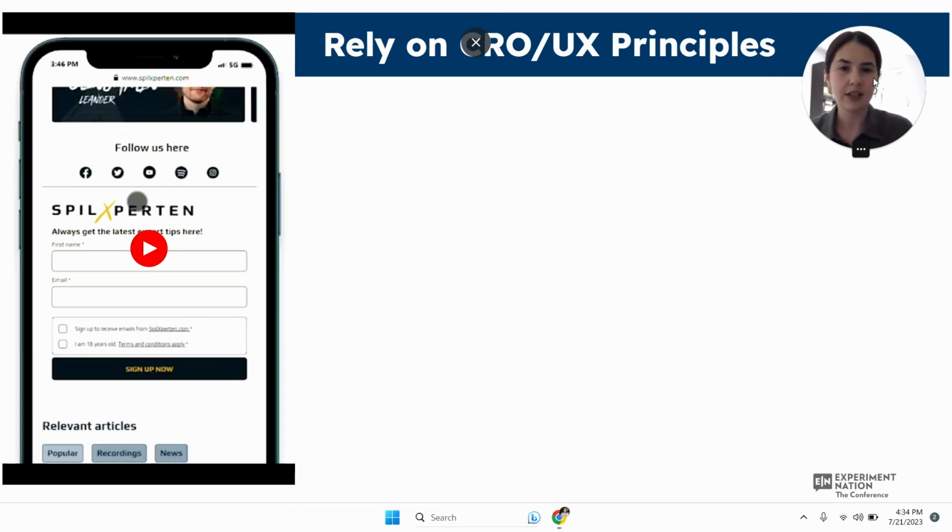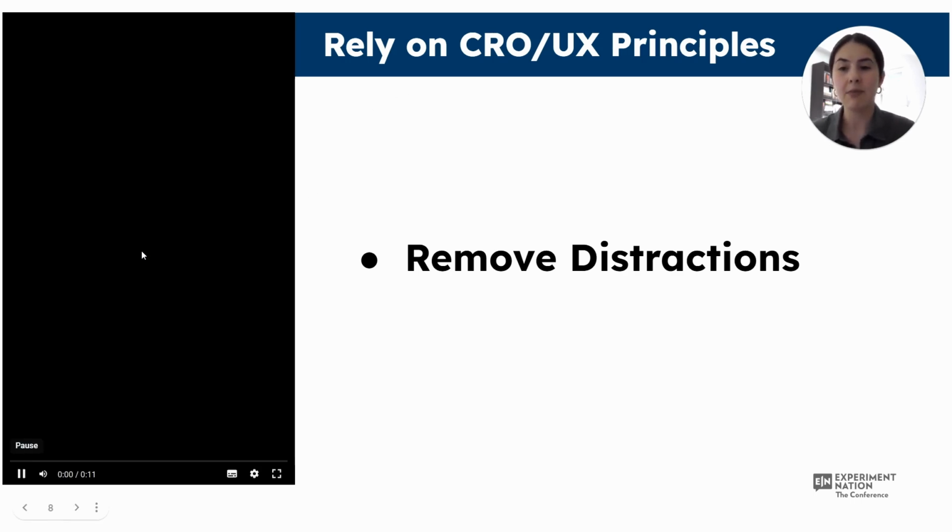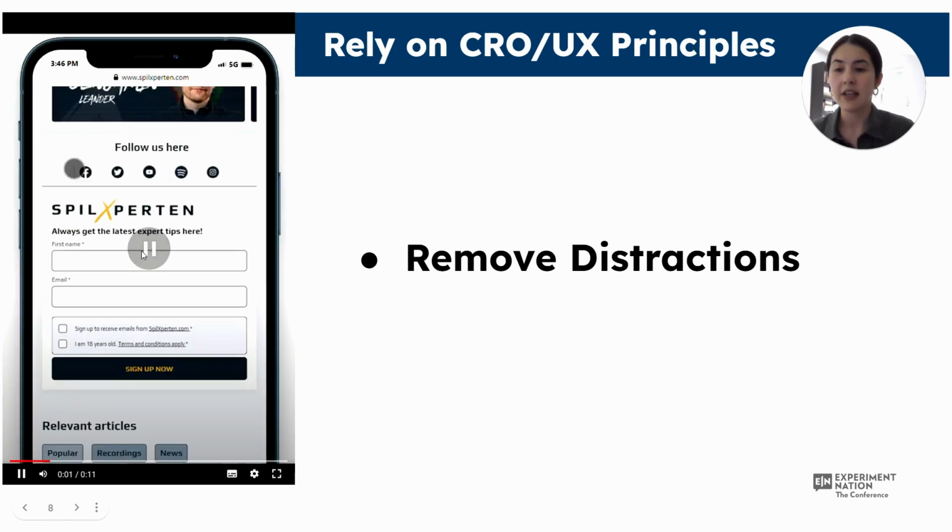Let's take a look at some CRO and UX principles. One of those is removing distractions. Now, in this example here, we have the same Danish media website, and this is their form.